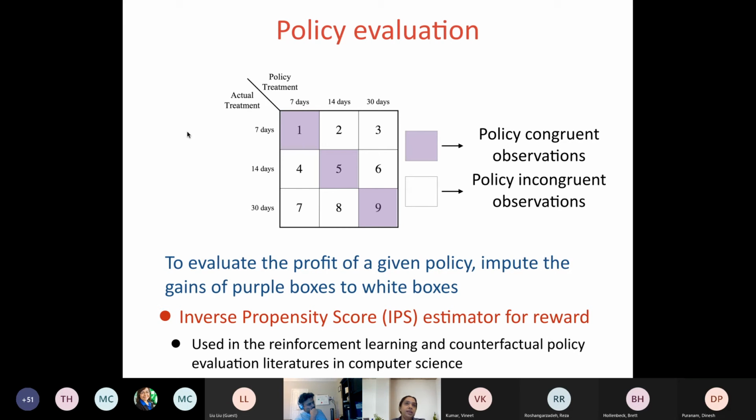For any targeting policy, this is just a little picture which I find helpful to think about policy evaluation. These purple boxes that you see here are what I call policy congruent observations. On the x-axis, think about your entire data: what was the actual treatment people in your data got. Those are just your treatment buckets, that's the rows that we have here.